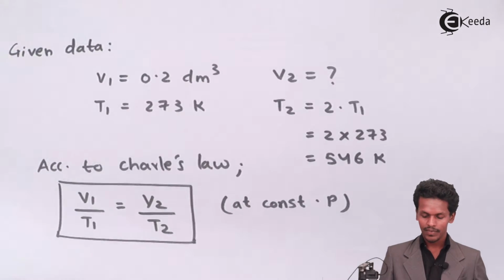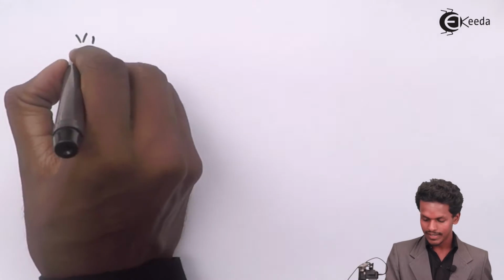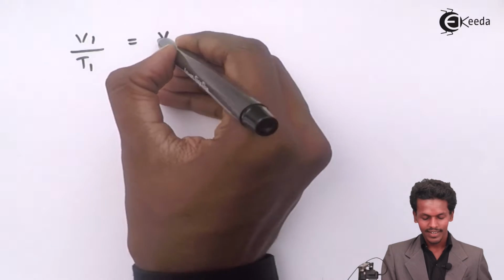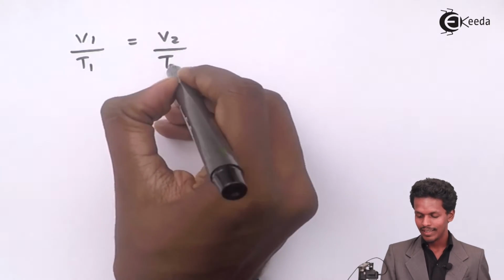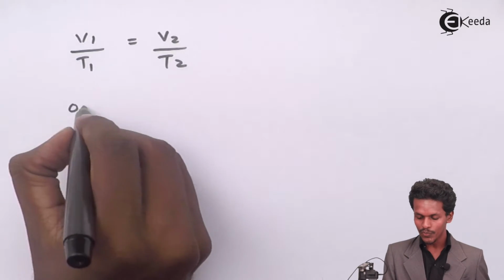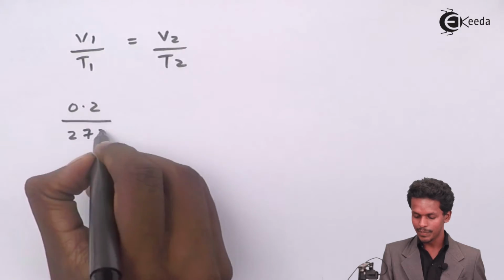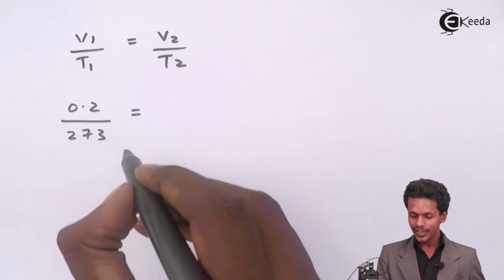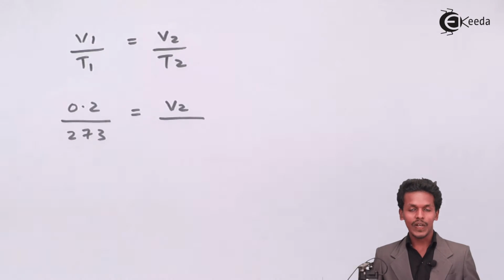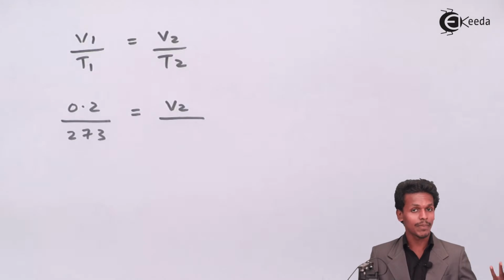Now I substitute the values. I will write it again so that we can substitute in the right manner without any mistake. The value of V1 is 0.2, and the temperature is 273. The volume V2 is what we have to calculate when the temperature is 546 Kelvin, double the initial absolute temperature.